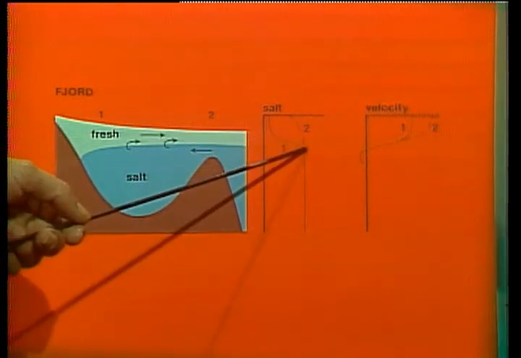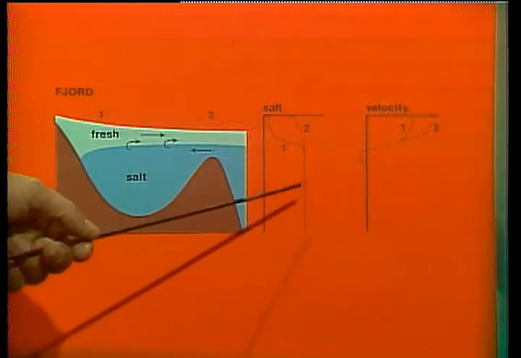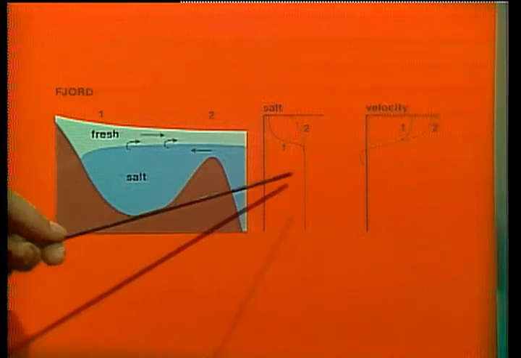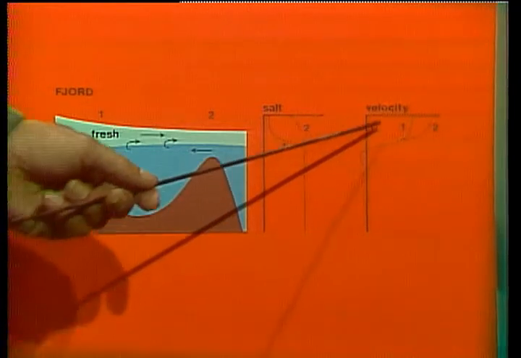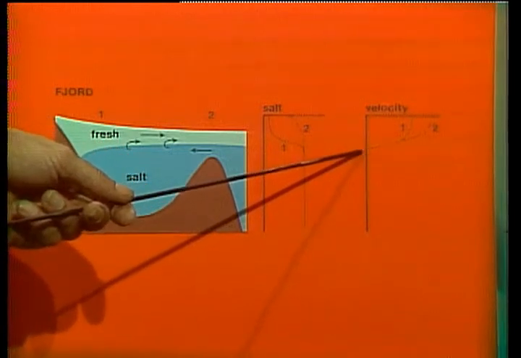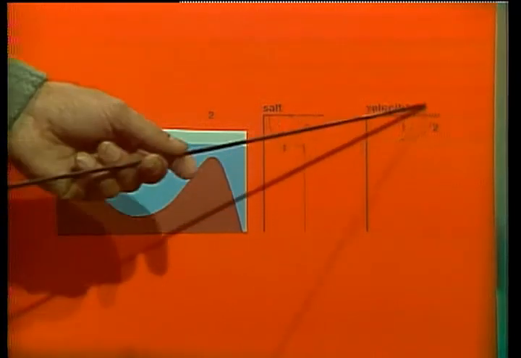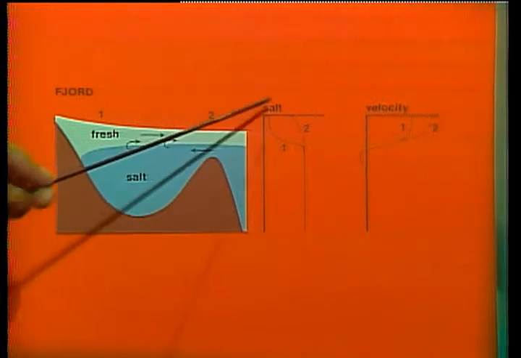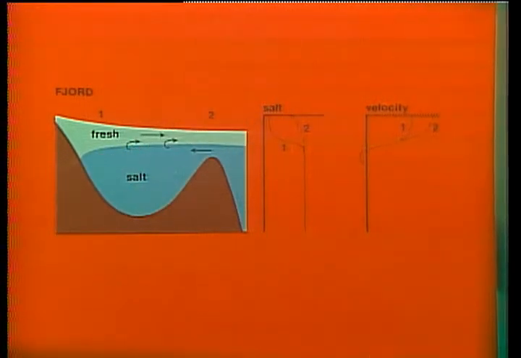It would increase to whatever the salinity of the water was at depth. And associated with it, there would be a decrease in velocity as we move to the lower layer and a reversal. The same at position 2. At position 2, of course, as we approach the open ocean, the fjord becomes more salty.